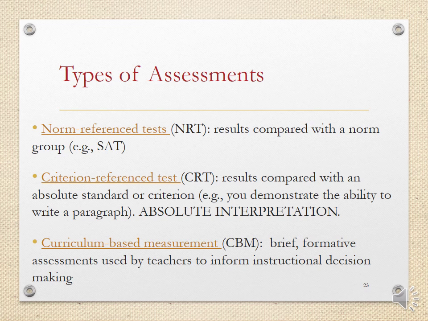Or let's say if you don't pass the grade test with 80% proficiency, you can't move on to the next grade. That is a criterion-based idea, that you are comparing something to some sort of standardized measure, mark, criterion. It's an absolute thing. You either got it or you don't have it.